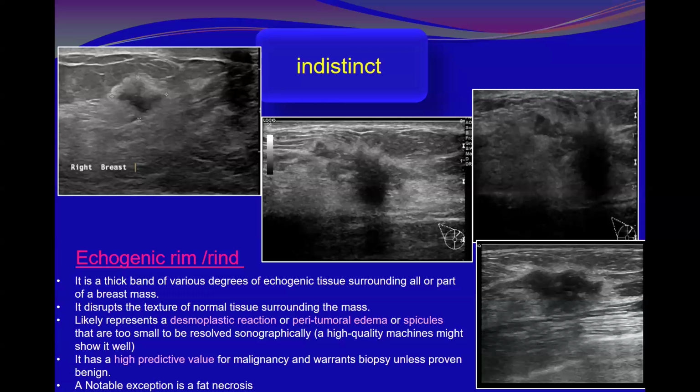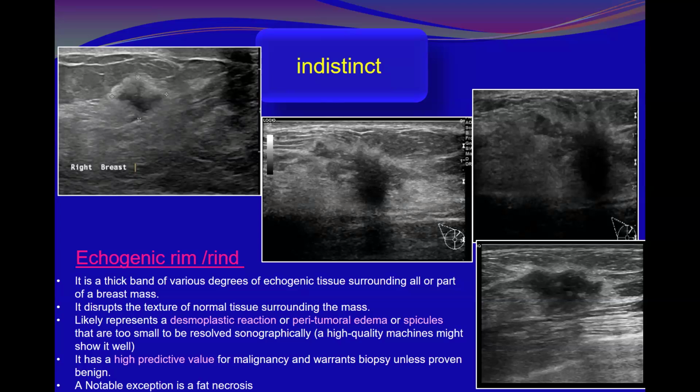Okay? But if you look at the surrounding tissue, it disrupts that tissue. That means it is associated with architectural distortion.